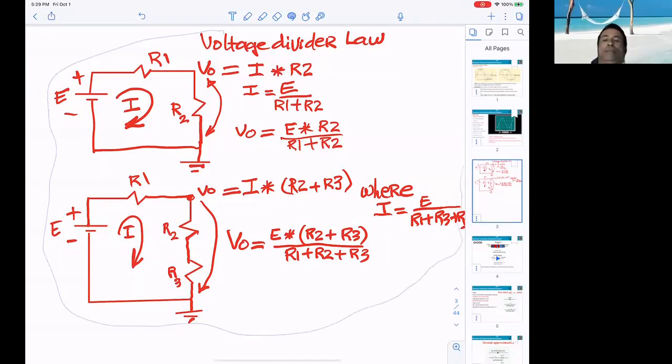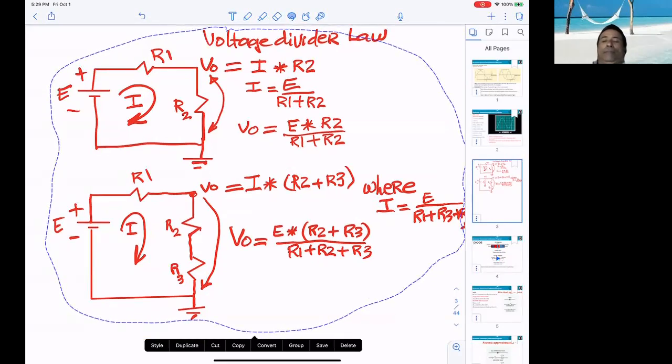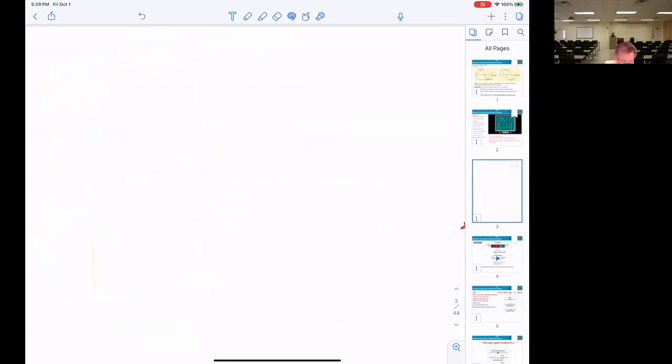Okay. Now, I'm talking about students working on AC circuits. That means you're working with a generator. Okay? This is a generator.